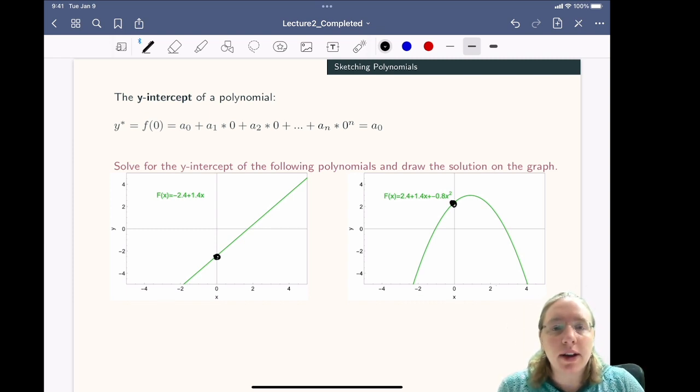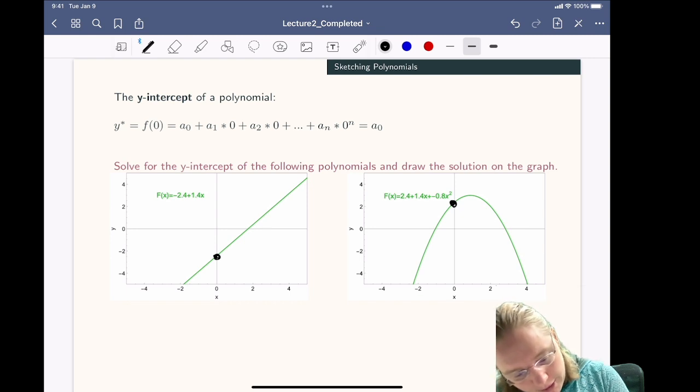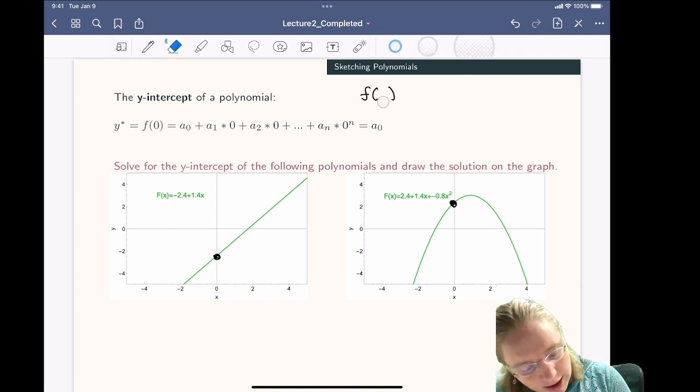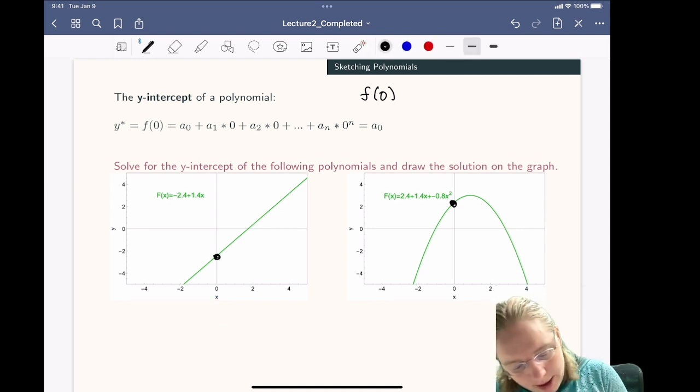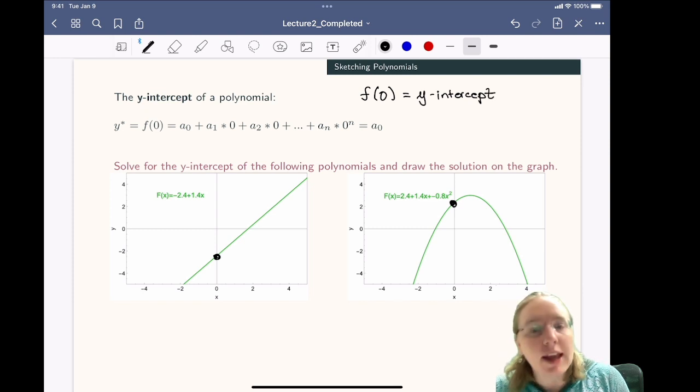How do we find the y-intercept? By definition, the y-intercept is the point where we replace x by 0. So when we plug in x equals 0, then we end up, by definition, with the y-intercept.